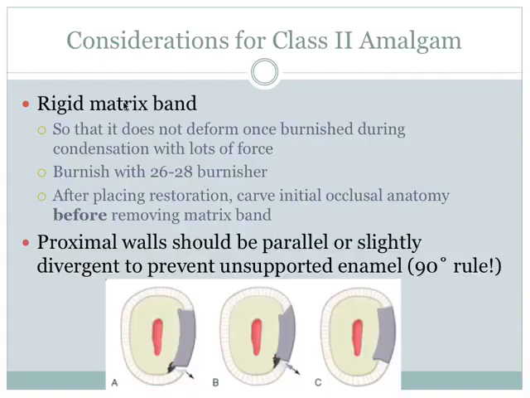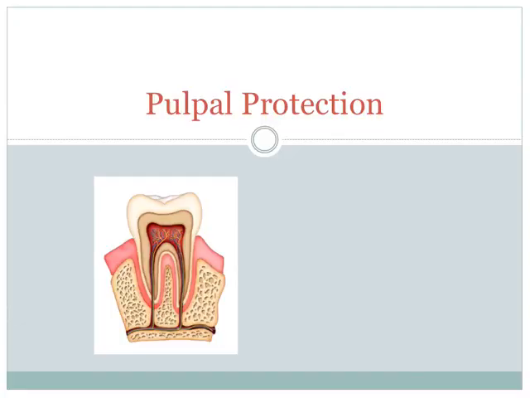And this slide is just saying that you need to have a rigid matrix band so that it can hold its form, and an essential sequence in this whole process is to put the matrix band on and then burnish it against the adjacent tooth so that it has a nice contour.